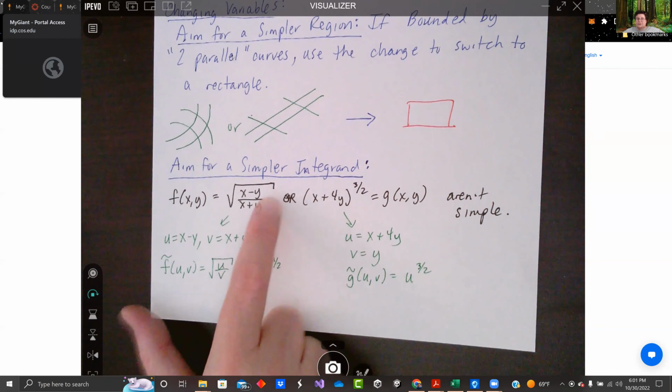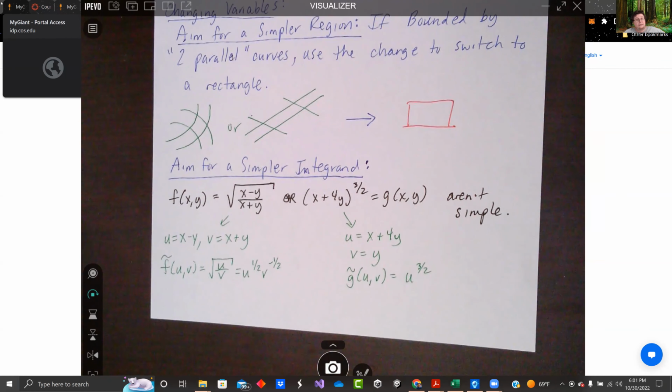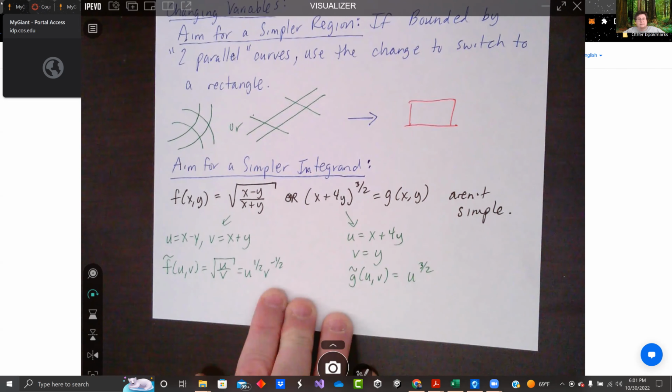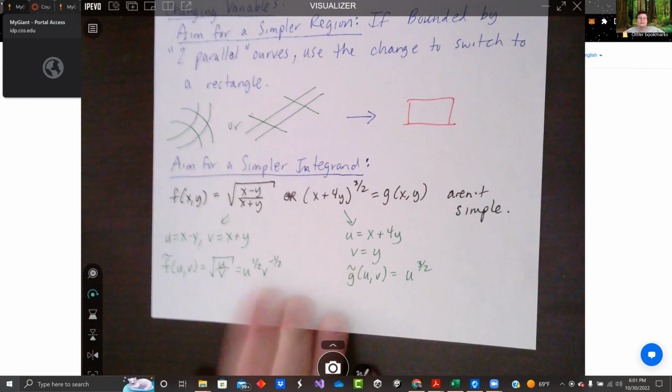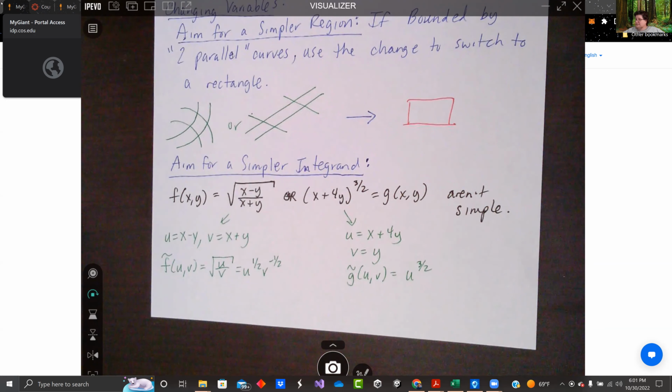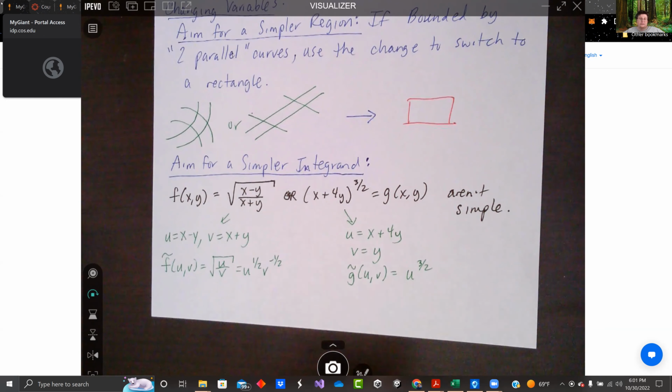Here I would do u for the top, v for the denominator. And that makes our function now nice and neat. These are easy to integrate. Okay, this is easy to integrate too.